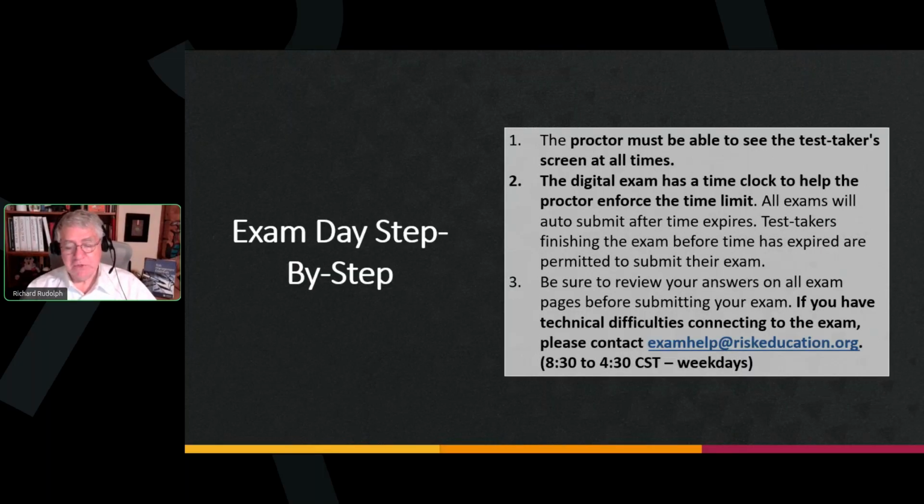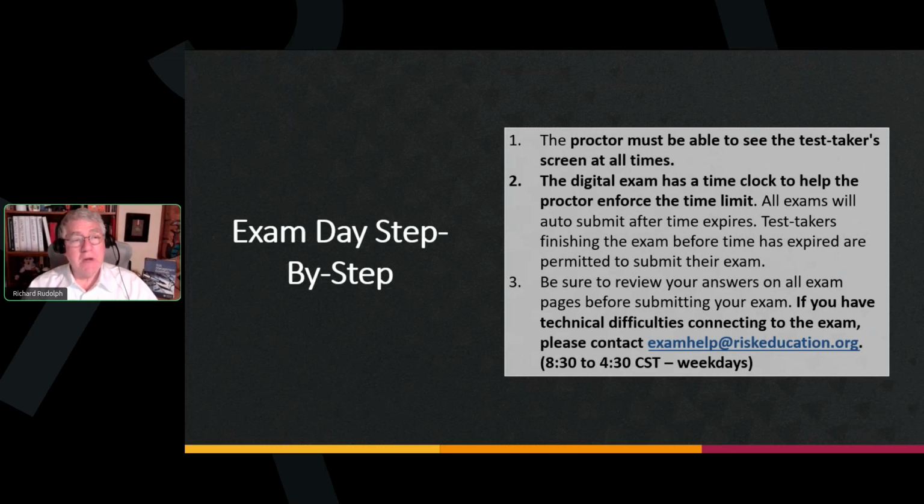The proctor will be able to see your screen. It has a digital clock on it to tell you how much time is left. Helps the proctor enforce the time limit. The exam auto submits, so the proctor really doesn't enforce it, because when it hits 2.5 hours, it's click and it's done.